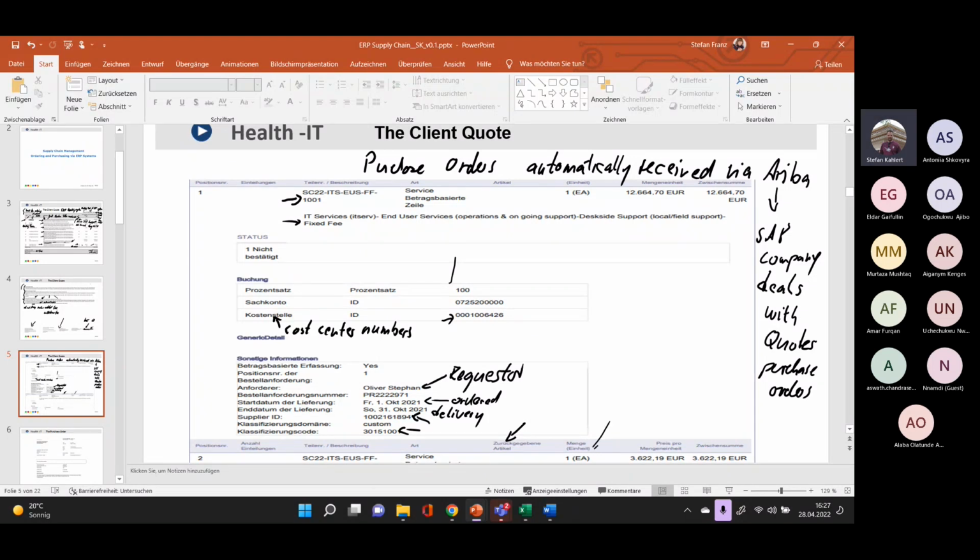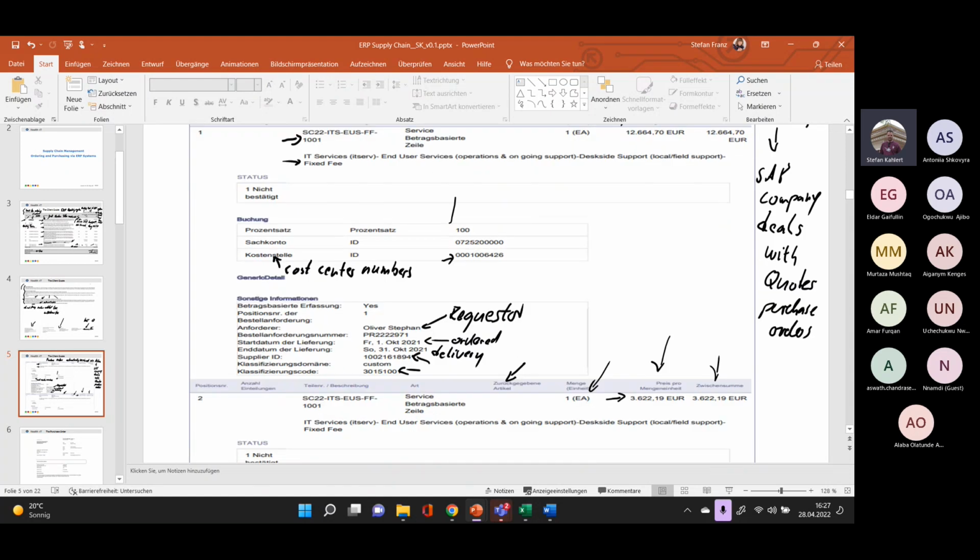You see the quantity, you see the number per unit, and it is 1 unit. It's the same number for the total amount. If it were more, it gets automatically multiplied, and you will see here the total amount. Any questions on that?